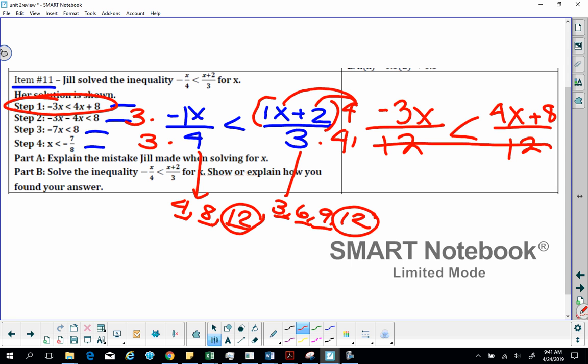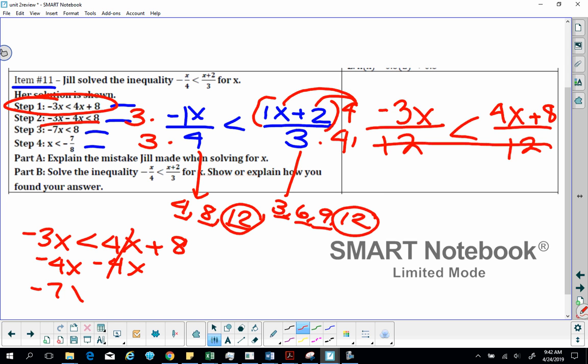So step 1's correct. How do I get 4x to the other side? Subtract it, right? Is that what they did right here? Yep, that's what they did right there. So I know they did that one right. What is negative 3 minus 4? Negative 7x. Did they do that right there? Now, how do I get x by itself? Divide by what? Negative 7.